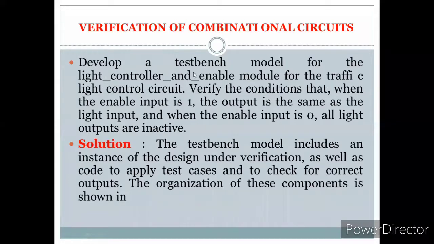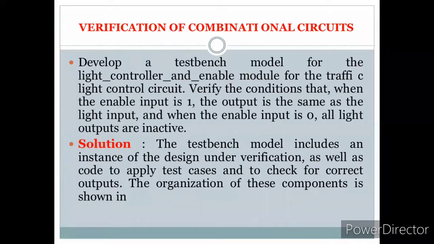For controlling the traffic light, we have to write the test bench model. Verify the conditions that when the enable input is 1, the output is the same as the light input, and when enable input is 0, all light outputs are inactive. It means that when enable is 1, whatever we give as input should be the output.